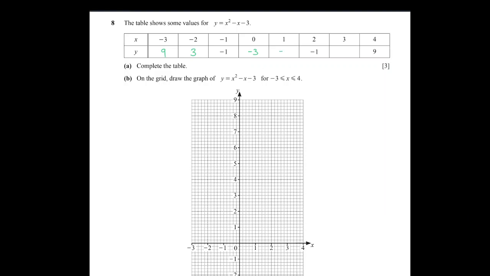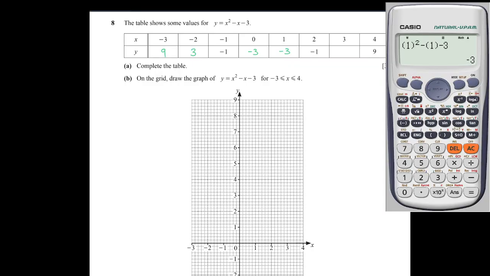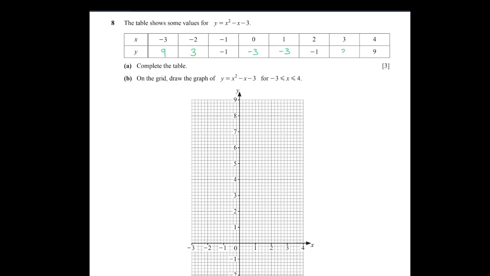So minus 3. 2 minus 1, 3. Now take 3. Is equal to 3. So our table is completed.